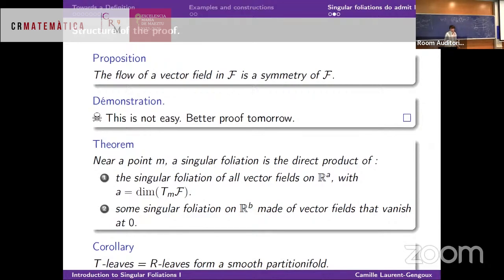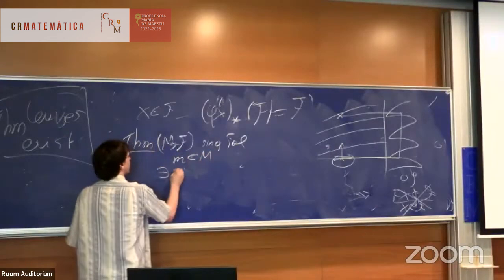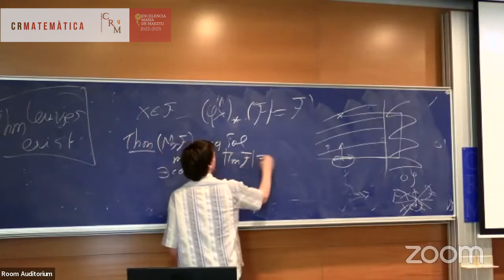Anyway. Now, out of that, you can prove a Weinstein splitting type of theorem. I'm going to restate it in local coordinates. We take M with F, a singular foliation. We take a point m in M. Assume the dimension of T_mF is, I don't know, a.